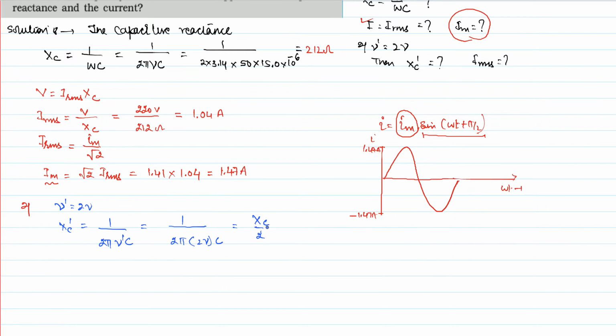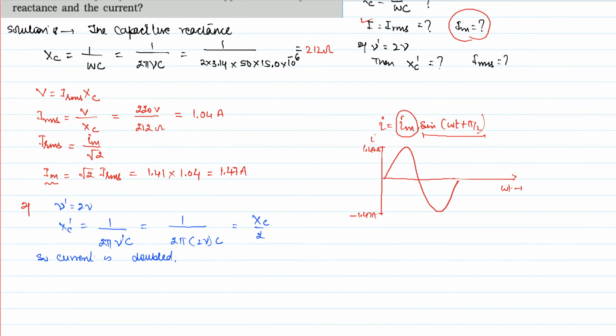This means that the capacitive reactance will reduce to half, and if it is reduced to half, then the current is doubled. So this is all about this problem.